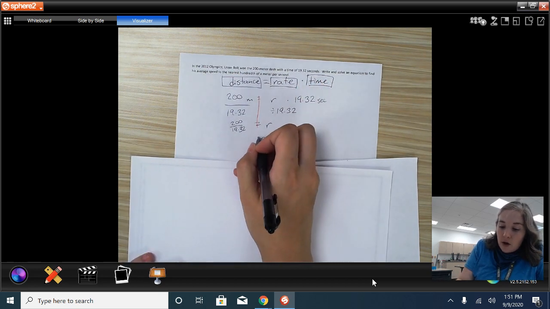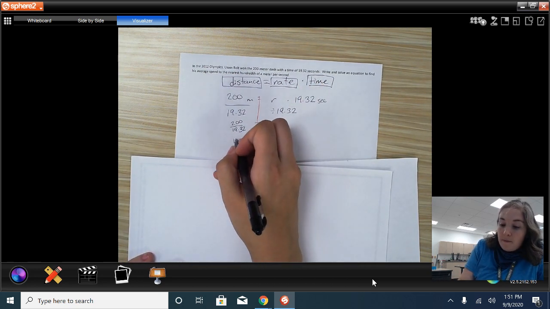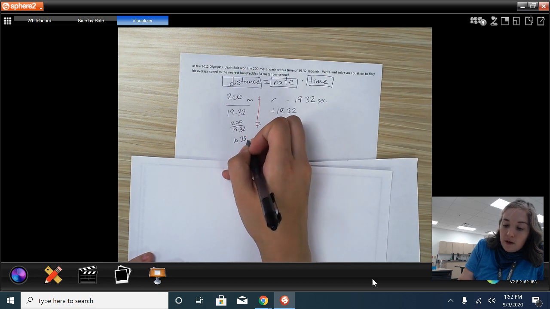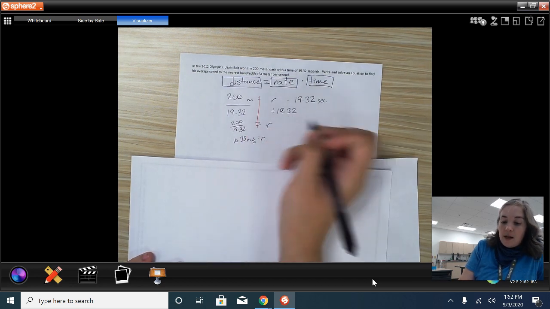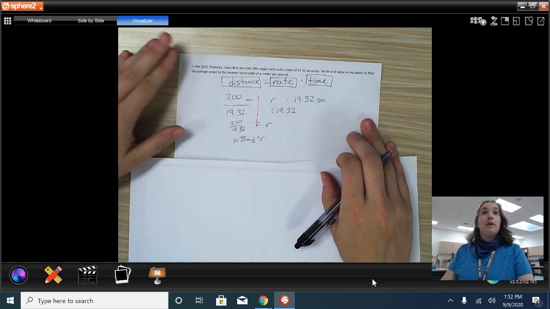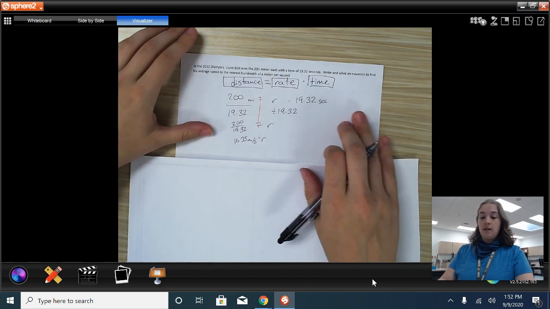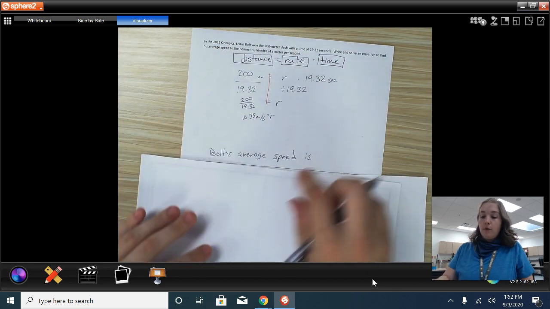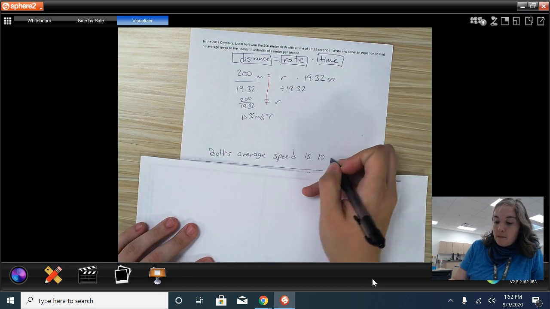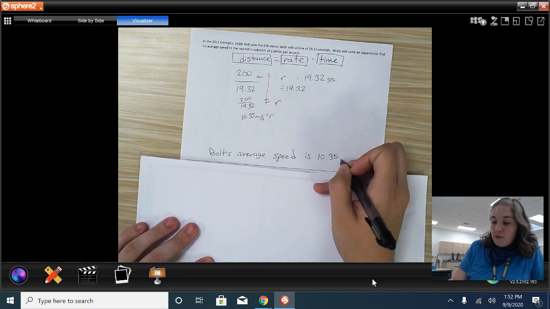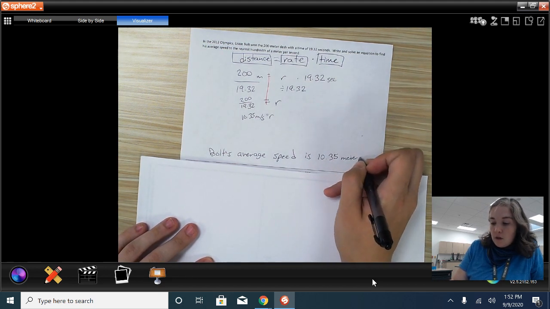That means I have R is equal to 10.35 meters per second. So when I go to write my final answer, because I need this in the form of a sentence, Bolt's average speed is 10.35 meters per second.